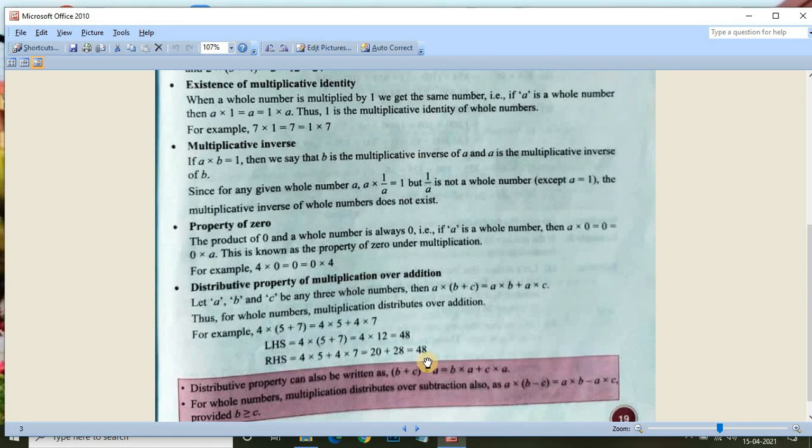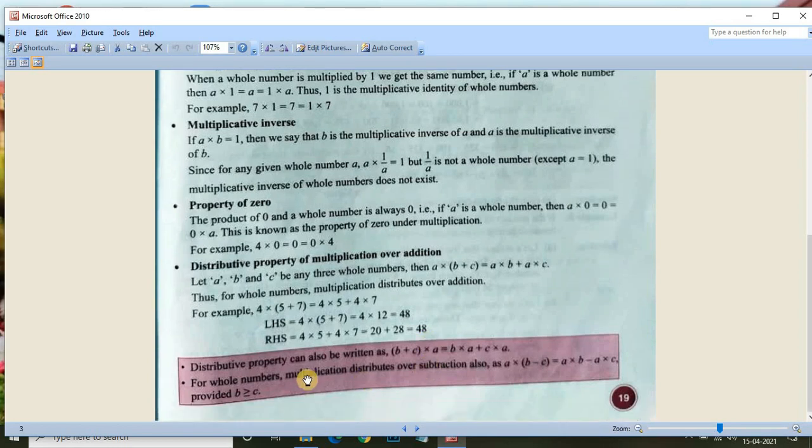So this is the distributive property of multiplication over addition. For whole numbers, multiplication distributes over subtraction also, as a into (b minus c) equals a into b minus a into c, provided b is greater than or equal to c.